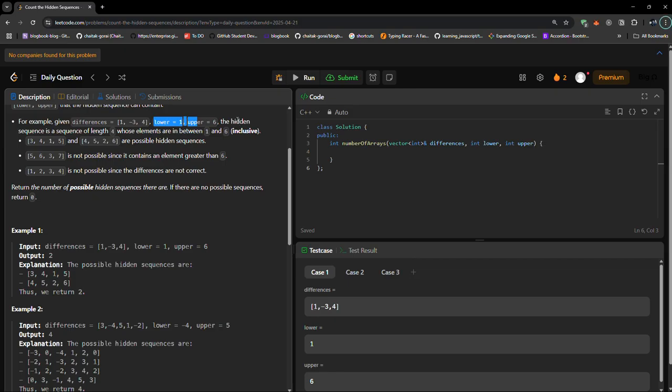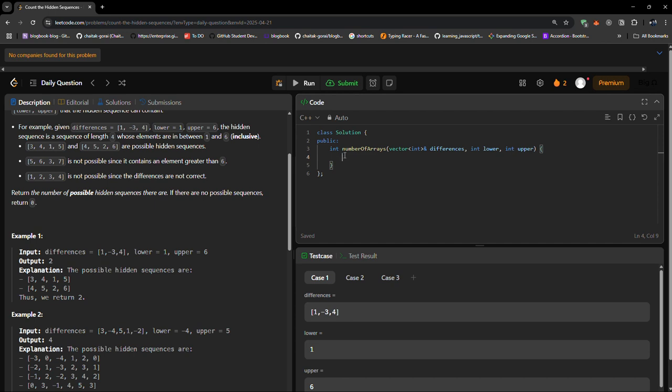So we have to find out the delta, right? For the lowest delta, let's take del min, the minimum delta, which will initially be set to int max. Similarly, del max, the maximum delta, will be set to int min, right?